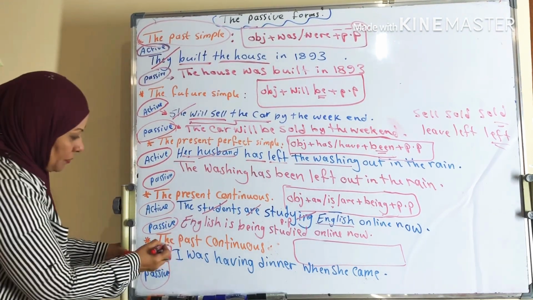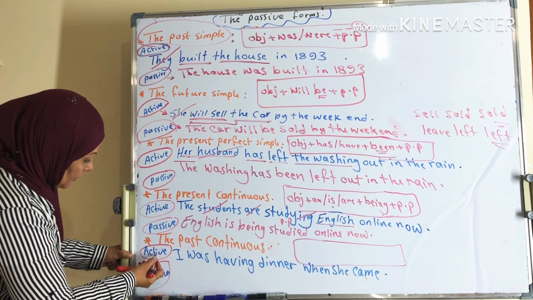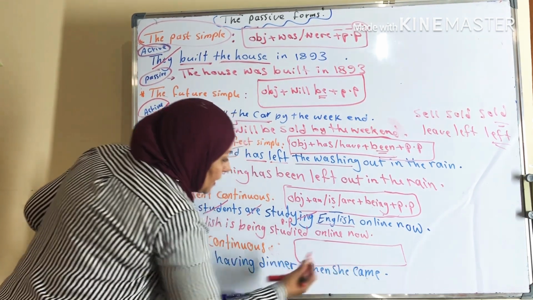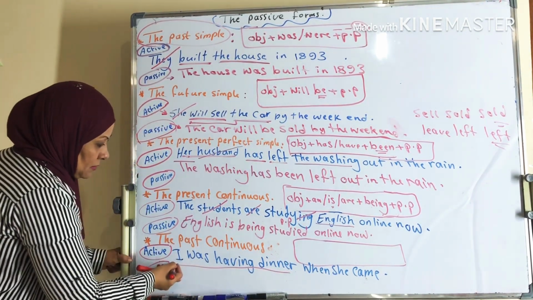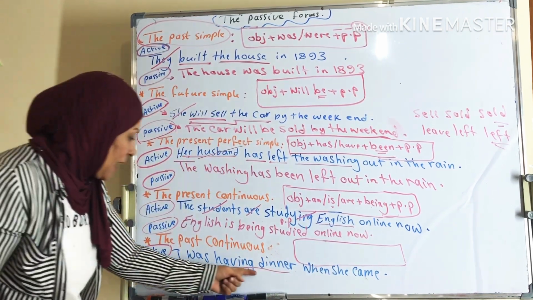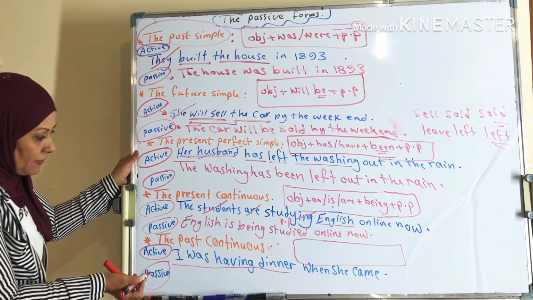And the last one, the past continuous, I have an active sentence. I was having dinner when she came. I was having dinner. We have our sentence here. This is kind of adverb, or a keyword. I was having dinner.